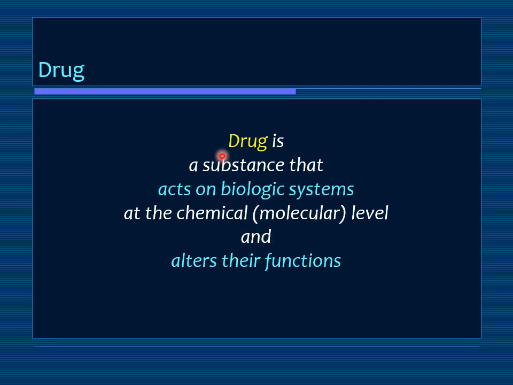So remember, a drug is always an active substance. Active means capability to produce the drug effect. So a drug is always active. If it is not active, it is not a drug. Then we can call it by some other name.